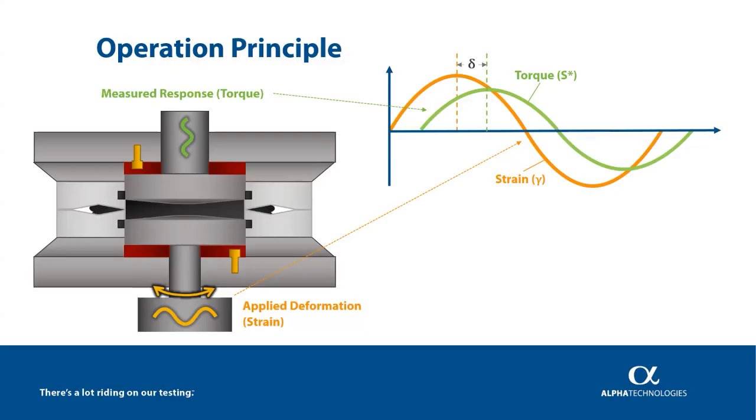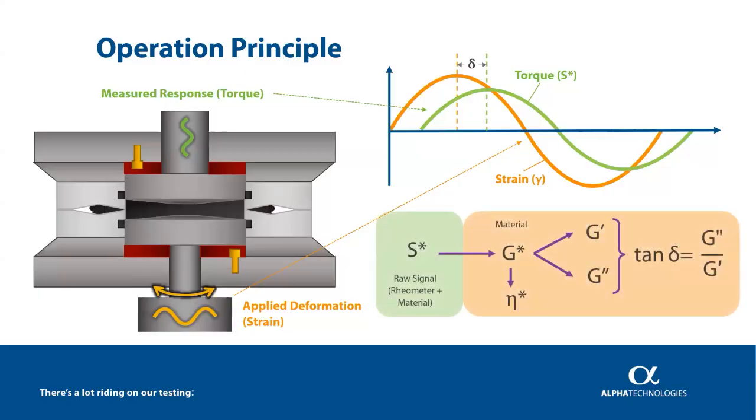When we take the tangent of this phase angle, we get tangent delta, a key parameter related to processability. Now, it is important to note that the only quantity the RPA directly measures is torque, represented here as S star. This isn't a unique property to the RPA. It is true for all strain-controlled rheometers. Torque is always the primary measured variable.